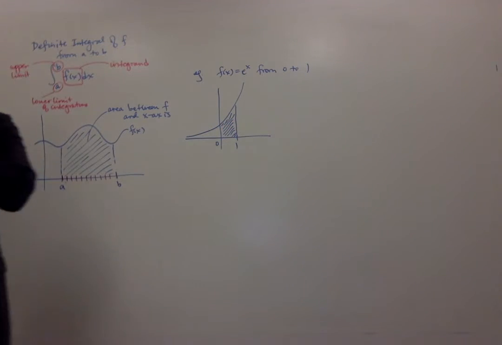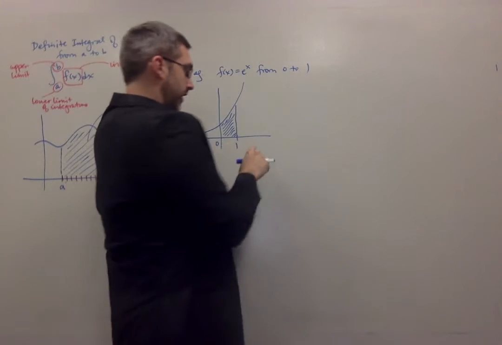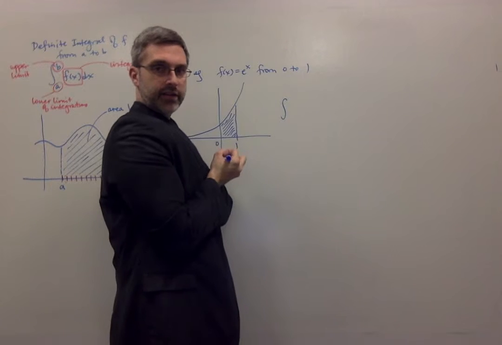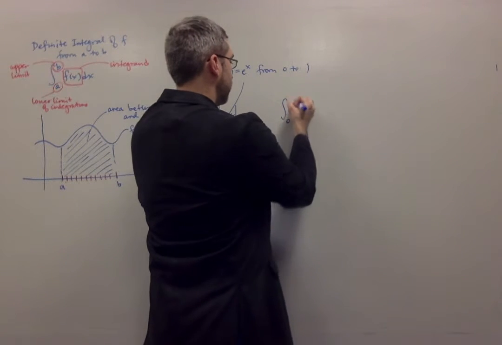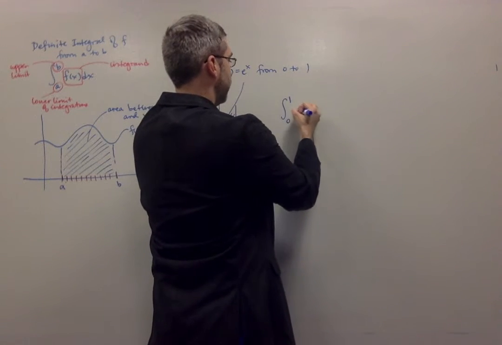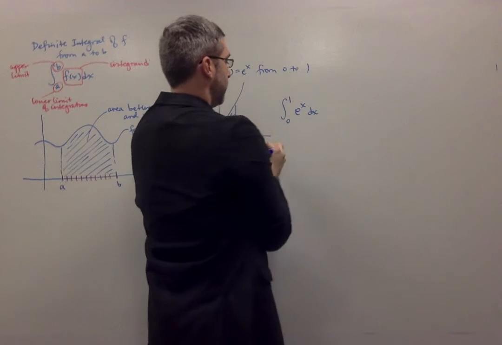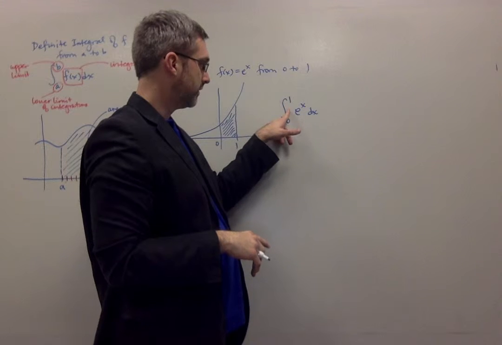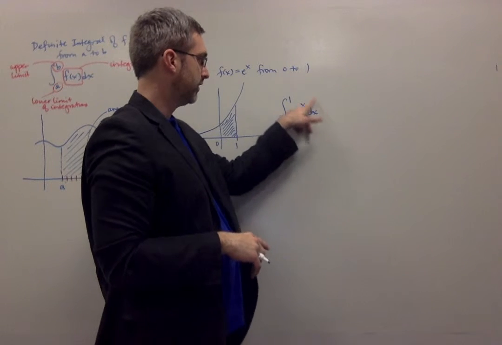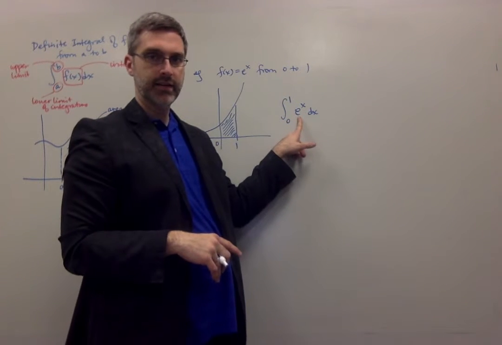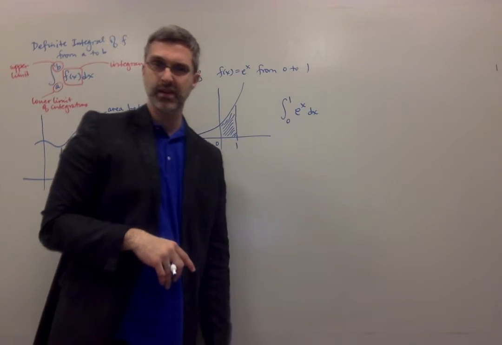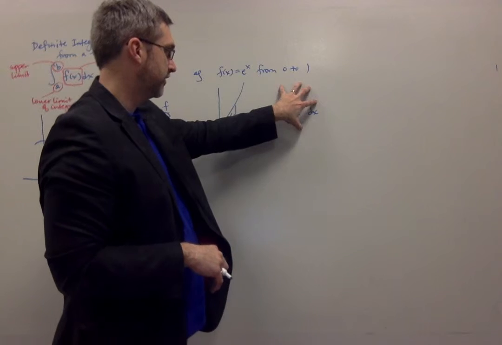The way that I symbolize that area is it's the area, we're going to use an S for that, from 0 to 1 of this function. And the way that we think of it is it's the limit of a sum of rectangles where this is the height and this is the width. Does that make sense? So this notation just means that area right there.